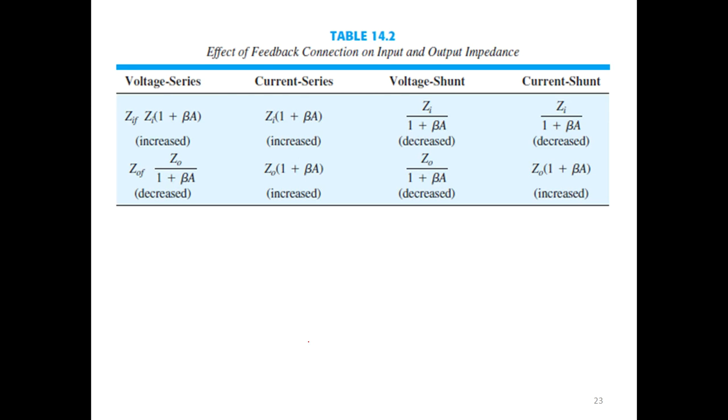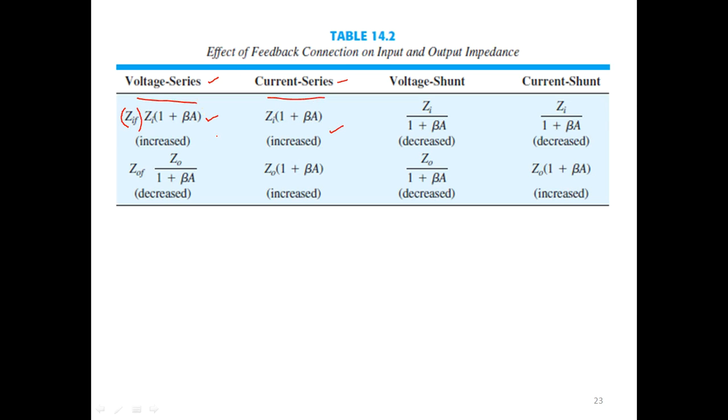So when we try to summarize everything, what do we see here? For a voltage series and for a current series, the input impedance with feedback gets increased. Please observe the input impedance with feedback increases for voltage series and current series.